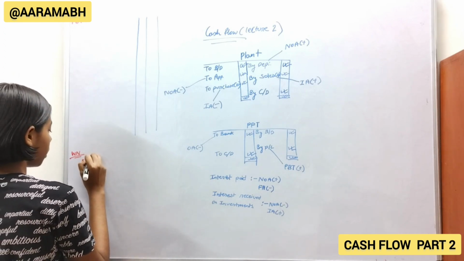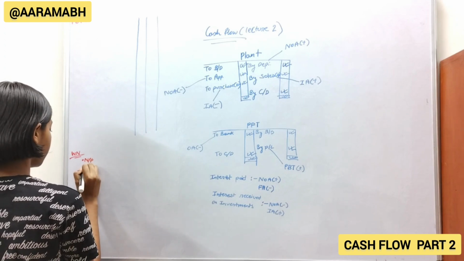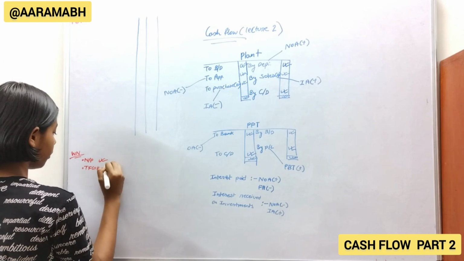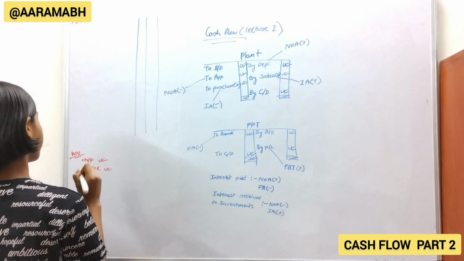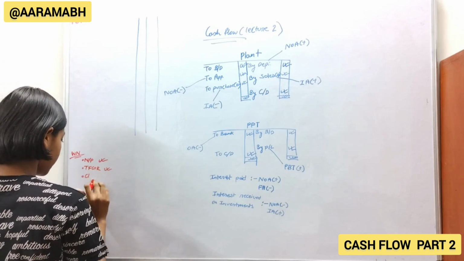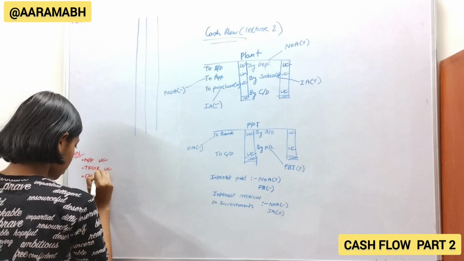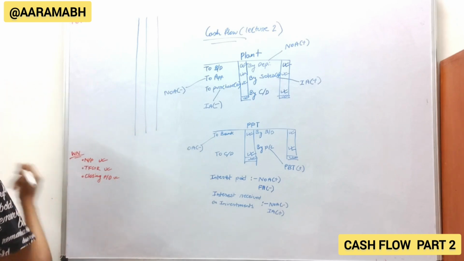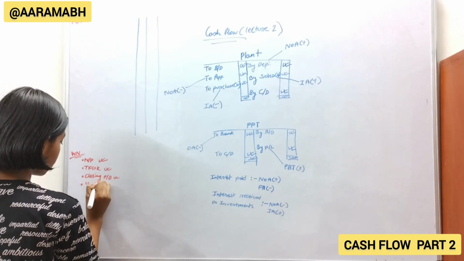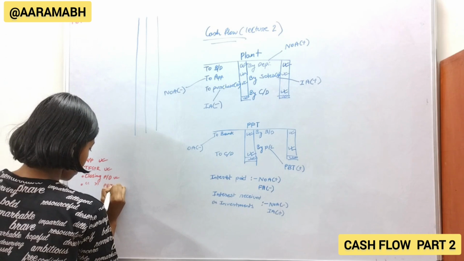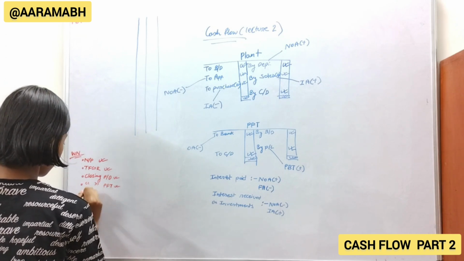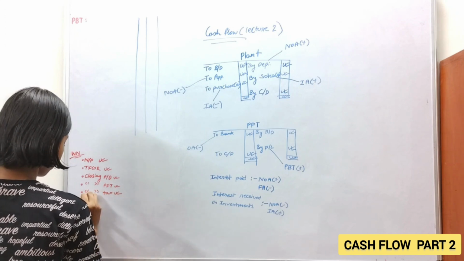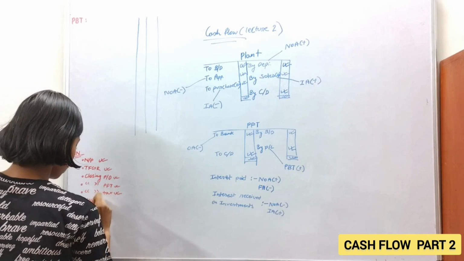You'll first add the net profit, then the transfer to general reserve, then the PD, that is proposed dividend, the closing balance of the PD, then the closing balance of the PFT, closing tax, and if there's a surplus given, you'll add it too.